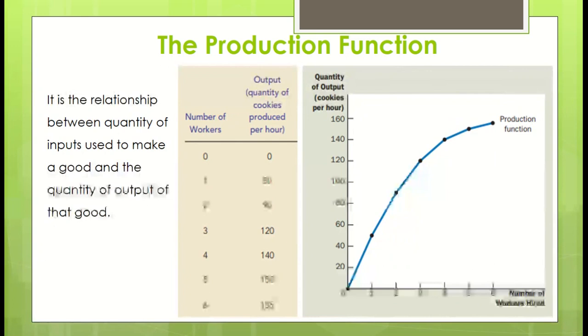When the amount of labor is 2, the output produced is 90, this point corresponding to labor.